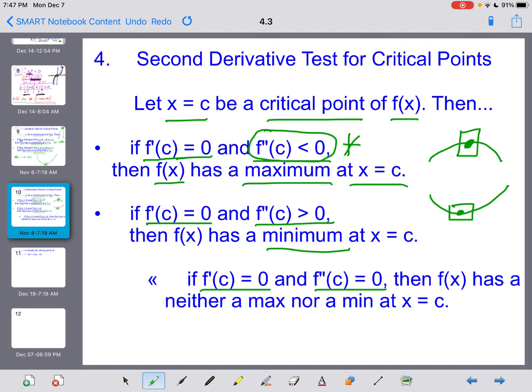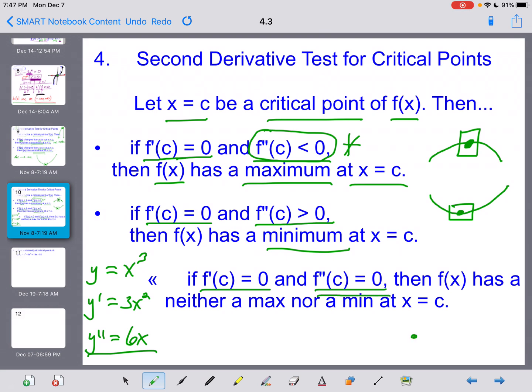And that's kind of what happened a moment ago on the function y equals x cubed, the one we just dealt with. Y prime here would equal 3x squared, and that equals 0 when x is equal to 0. Y double prime, though, would be 6x. And when you plug a 0 in here, you get your second derivative to equal 0 once more.